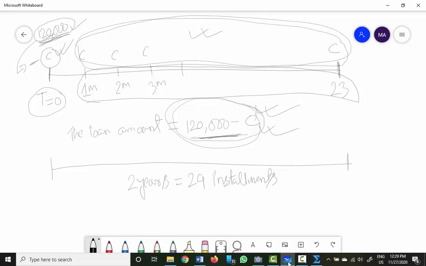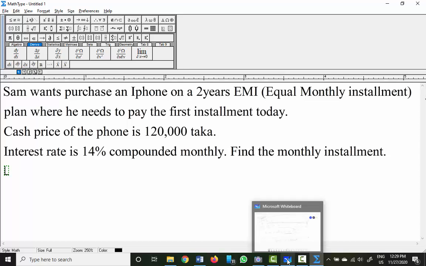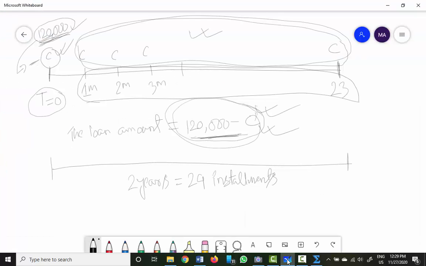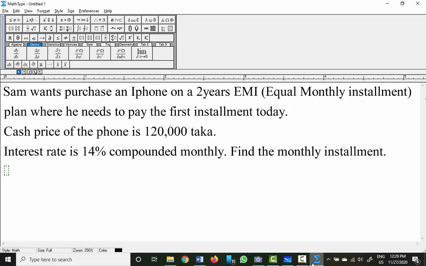So the loan amount, that is the present value of the annuity, is 120,000 minus C. This is the loan amount, or present value of the loan, that means present value of the annuity.